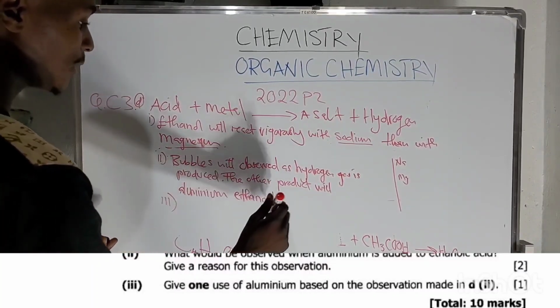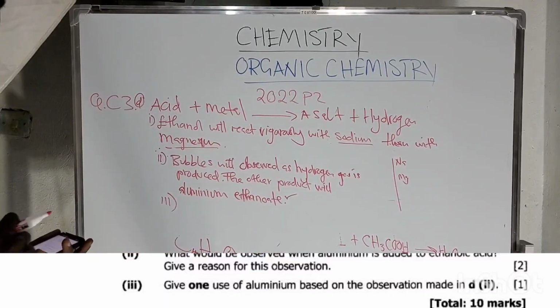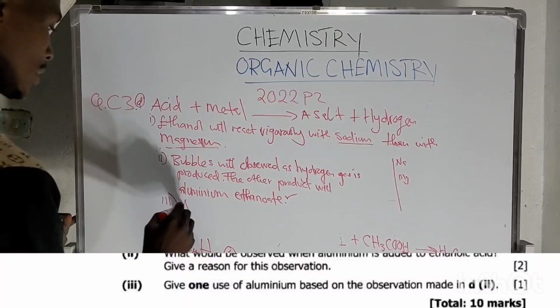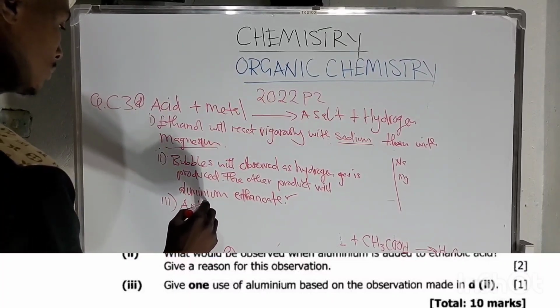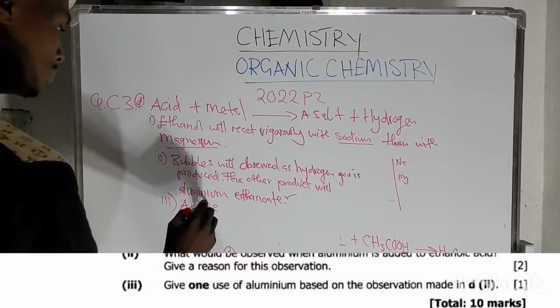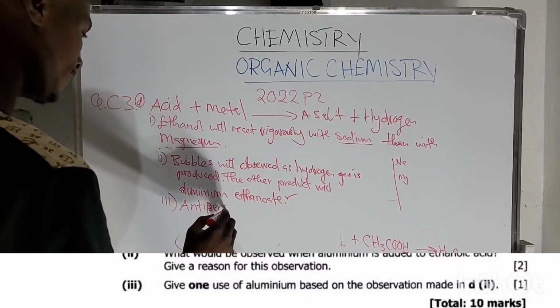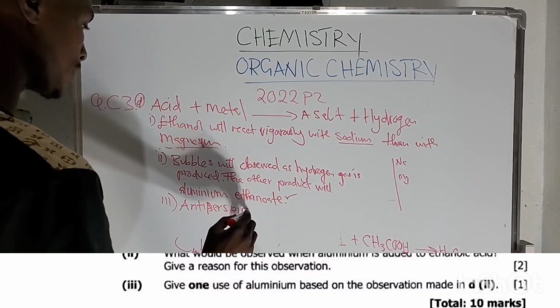So aluminium ethanoate, the observation here, is used in the manufacture of antiperspirant.